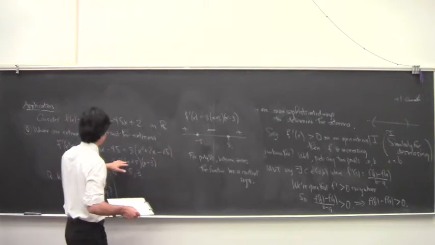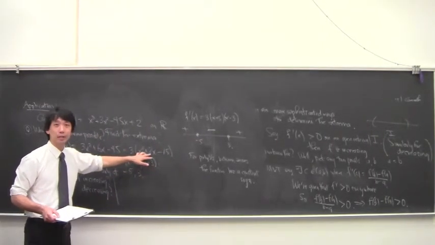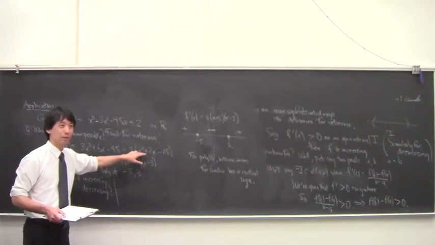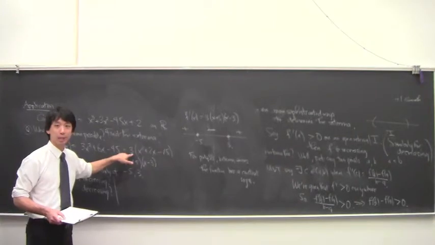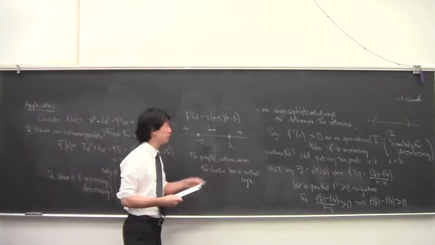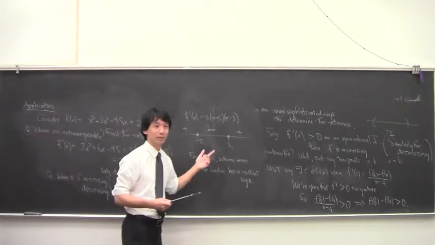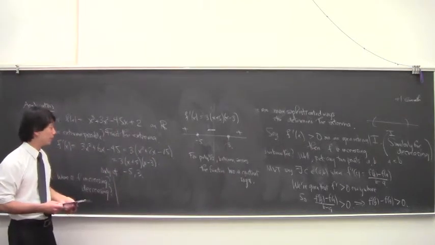Another way would be just to say, well, look at this thing. It's a quadratic. It's a parabola, right? And it's an upwards parabola because the lead coefficient is positive. So I know what it looks like, right? It looks like this. So I know it's going to be positive, negative, and positive again. Okay. So you just remember what parabolas look like.